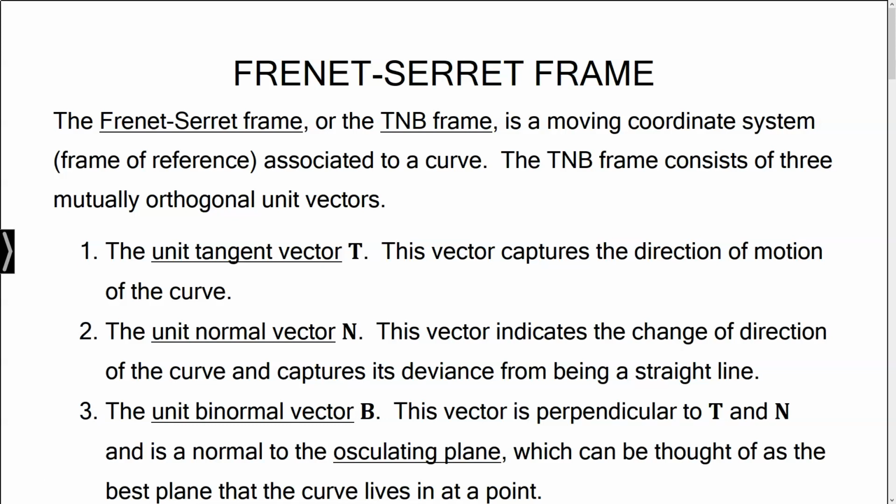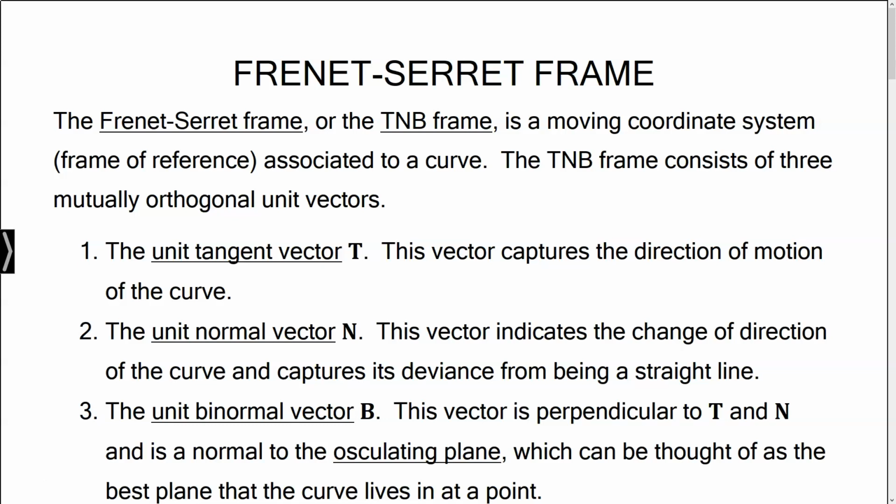And so at any point along the curve, you're going to have these three vectors that give you what's called an orthonormal basis in the language of linear algebra. What that means is there are three vectors that are all mutually perpendicular, so they're all at 90-degree angles, and they're all unit length. They're all length 1.